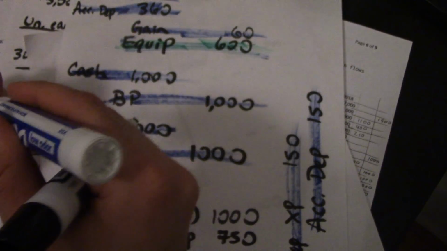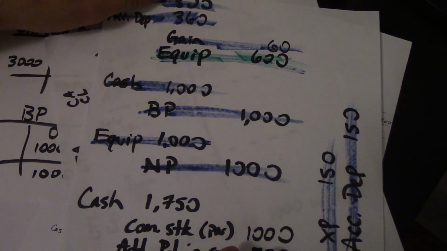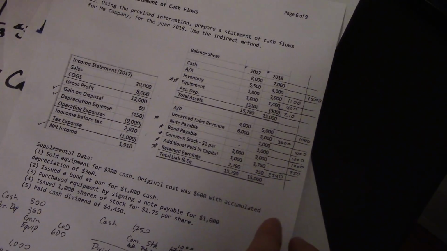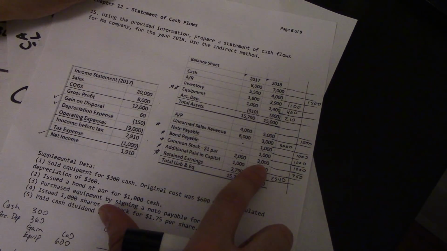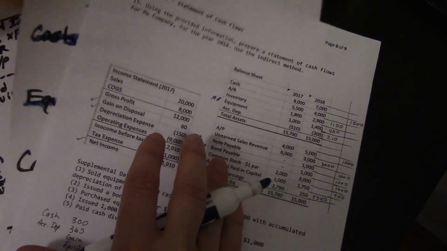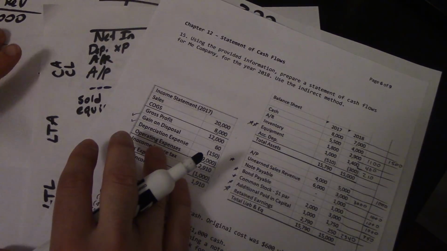We can cross that off because we have accounted for it, and there we go. So up next is common stock at par. Again, we'll do the journal entry for that.